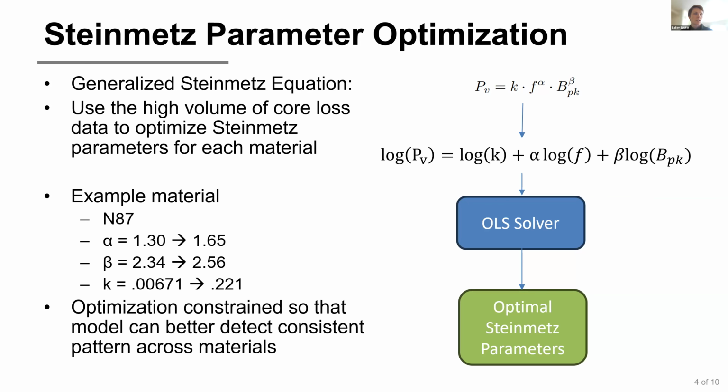And so you can see here for an example material, N87, those are pretty significantly different than what you would get just off of the data sheet. And we did end up constraining the Steinmetz parameters a little bit, just so that the model can better detect consistent patterns across materials. So it's not technically the true optimal Steinmetz parameters, but within a very reasonable range.